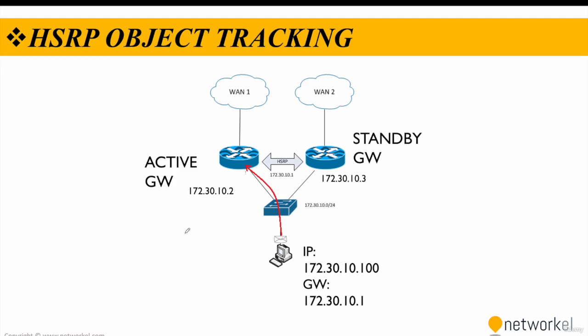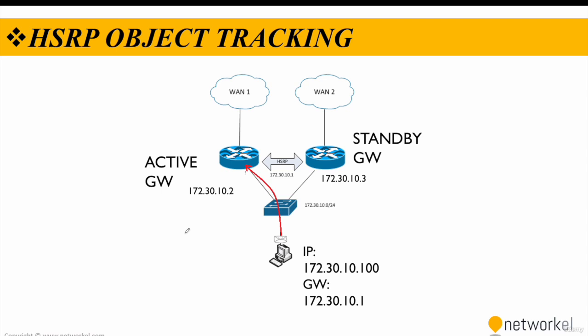So there is something else in HSRP called object tracking. HSRP object tracking is an advanced feature available on Cisco IOS that allows you to track the state of various objects such as interfaces, IP SLA operations, and routing protocols, and adjust the HSRP priorities based on their availability. This capability enhances network reliability by dynamically adjusting router priorities in response to changes in network conditions.